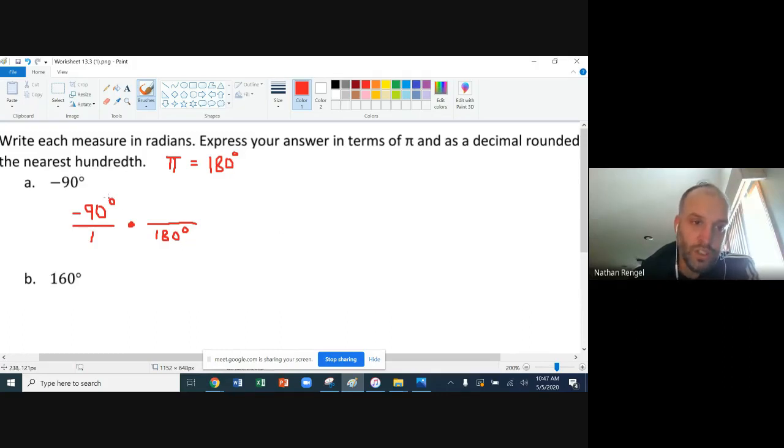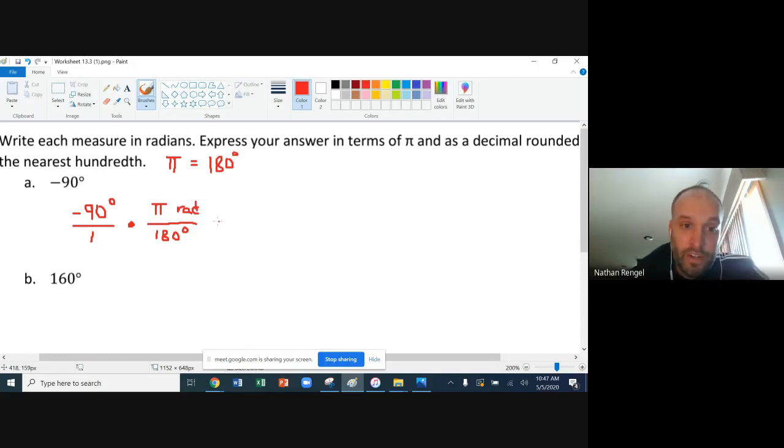Well, units also will cancel out. So I've got my degrees up here, degrees down here. Since there's a degree in the numerator denominator, those will factor out. My chemistry teacher calls it the factor label theorem, because you're factoring out your labels. So the degrees are going to factor just like numbers would in the numerator denominator. Then up here, we're going to have our pi. And then for radians, you can just put RAD. That's the universal symbol for radians.